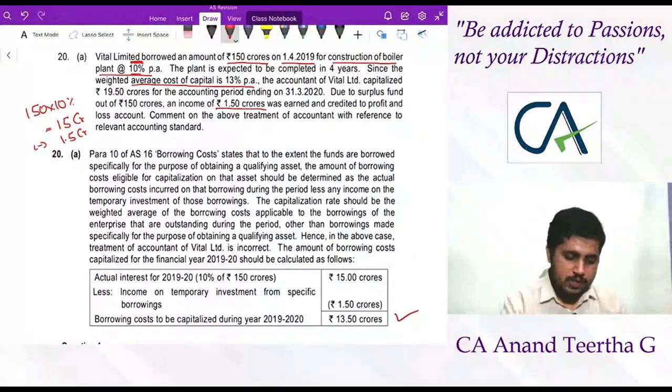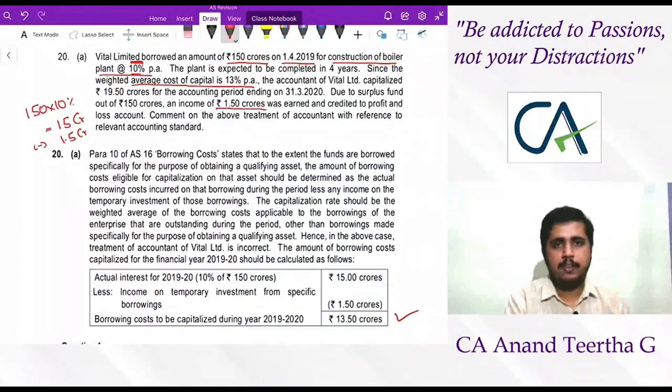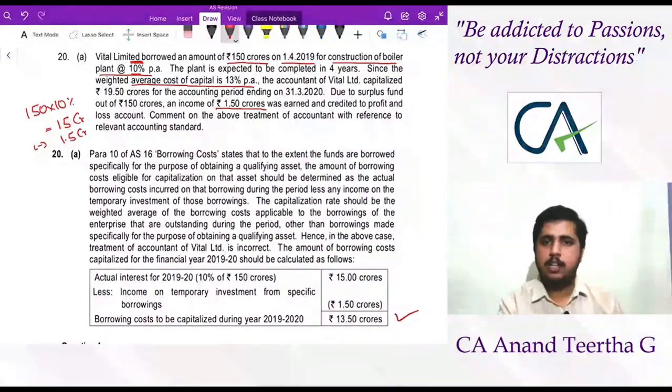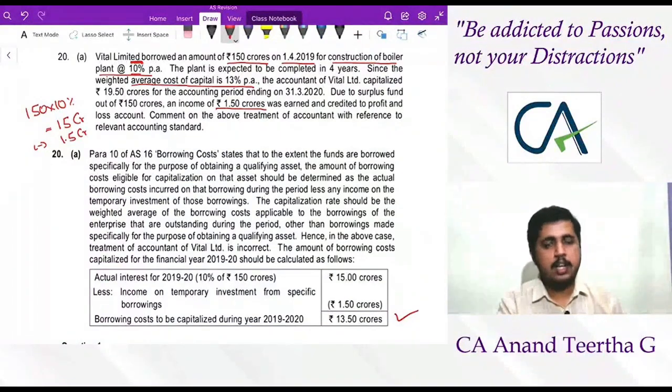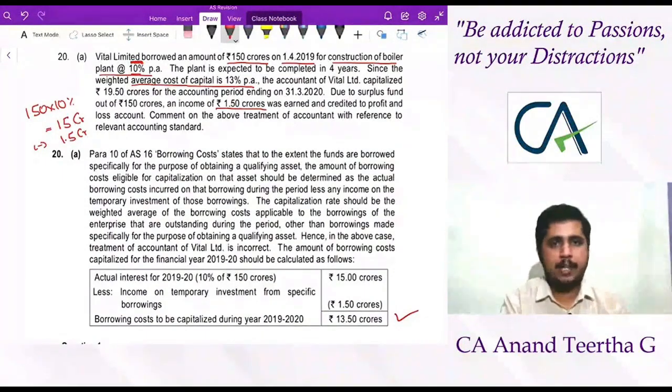Okay, so these are the points given to you: first of all, it's a specific borrowing, only actual borrowing cost is allowed to be capitalized. If there is income earned, it has to be deducted, and weighted average interest will come when there is a general borrowing. When there is a general borrowing, I agree, the capitalization rate is the weighted average rate, but it is the weighted average rate of borrowings, not capital.